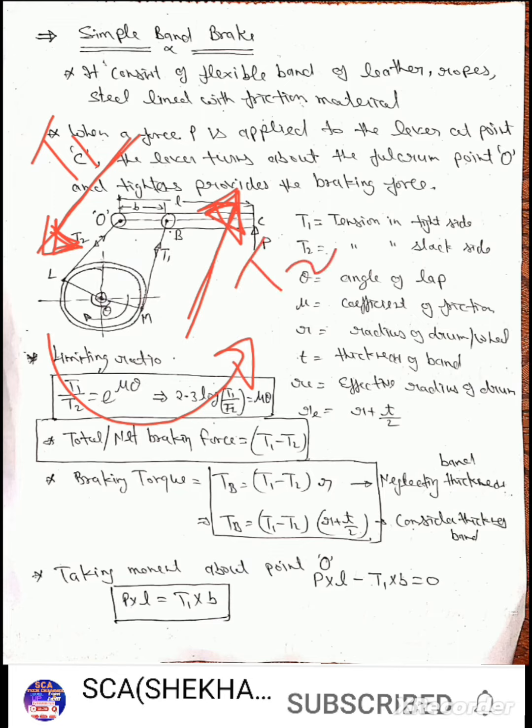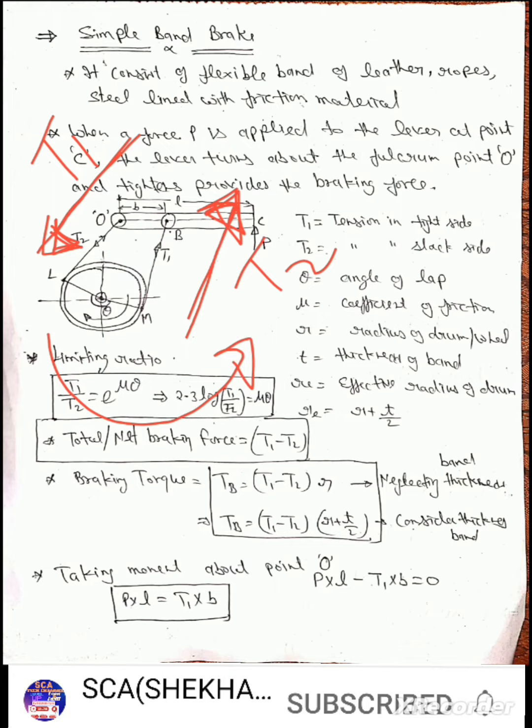So this is a very simple concept. When the band enters at a side, that side is the tension side with tension T1, and when the band leaves, that side is the slack side with tension T2.